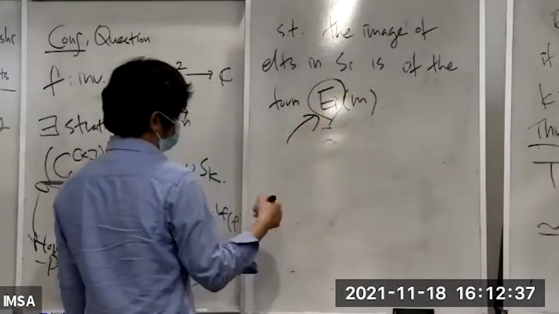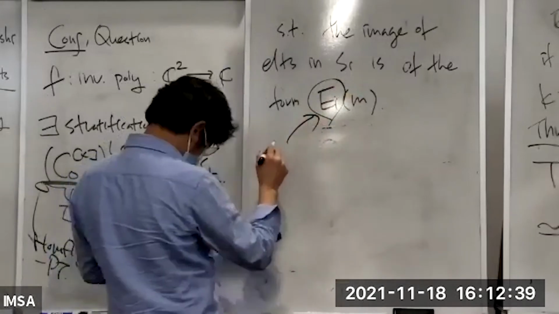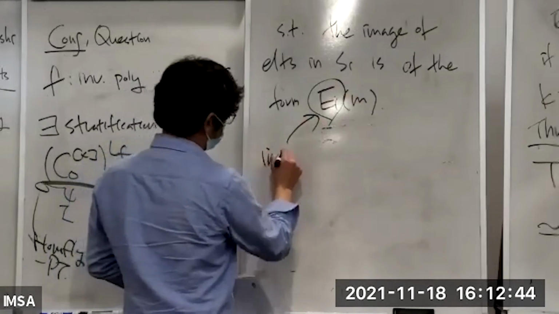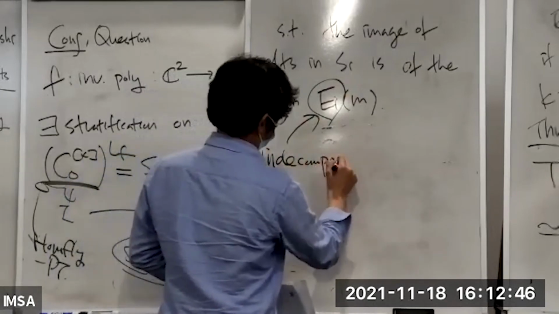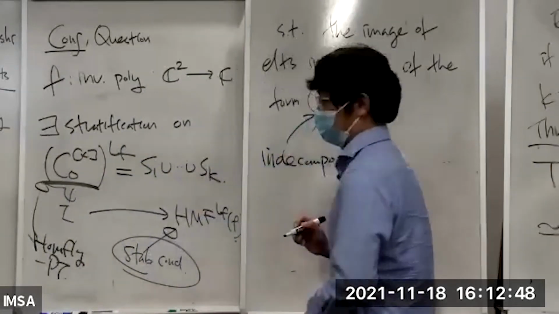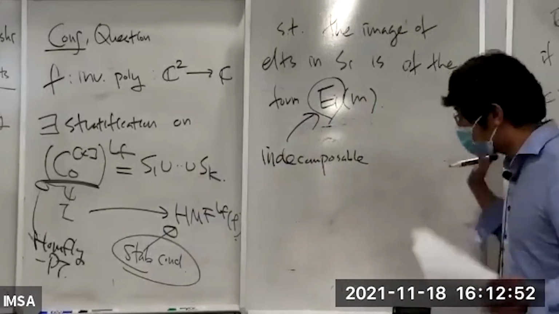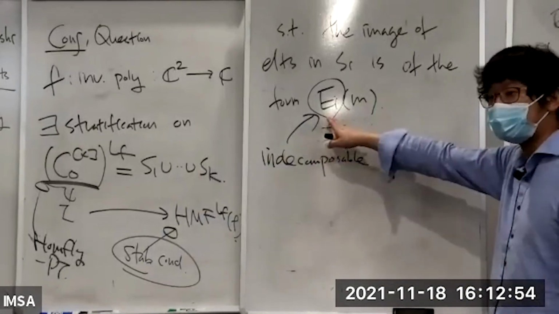For example, this can be indecomposable. So is this one of the elements of the exceptional collection? Yeah, I already explained. First we expected this as a nice property.